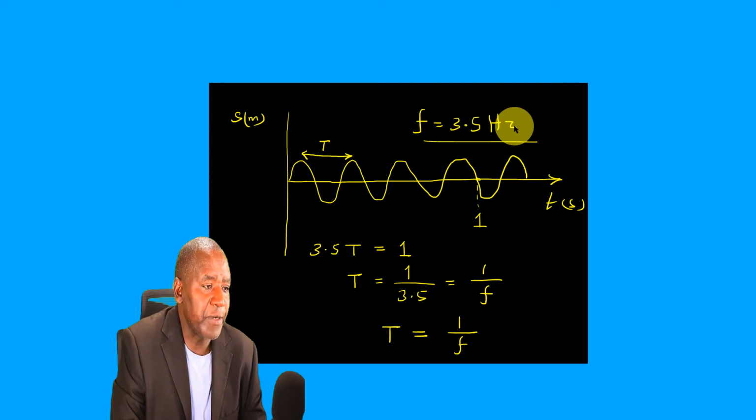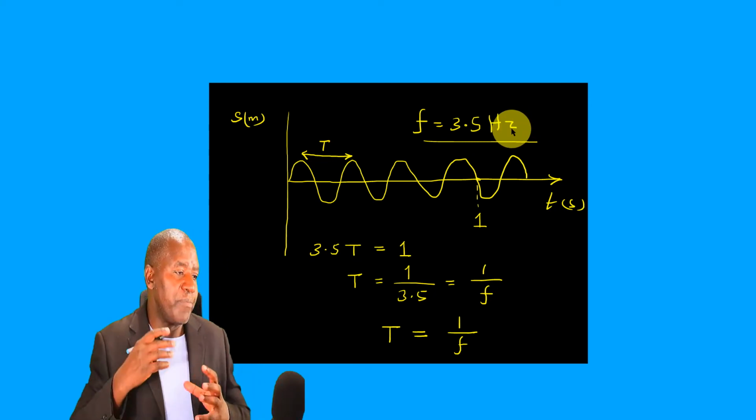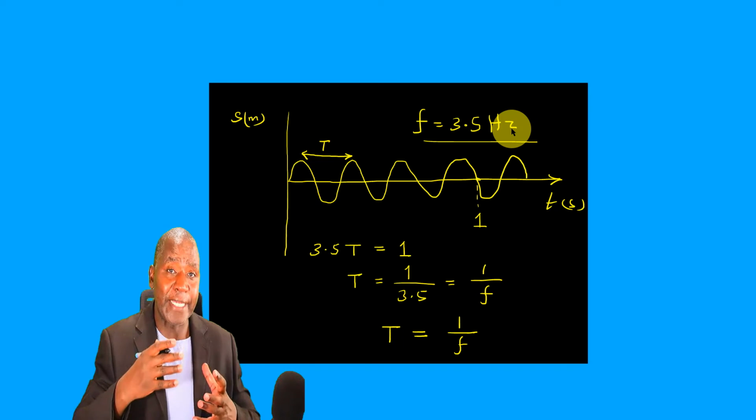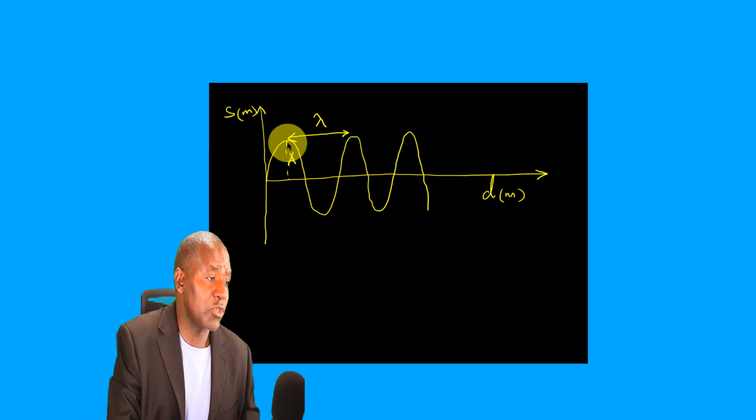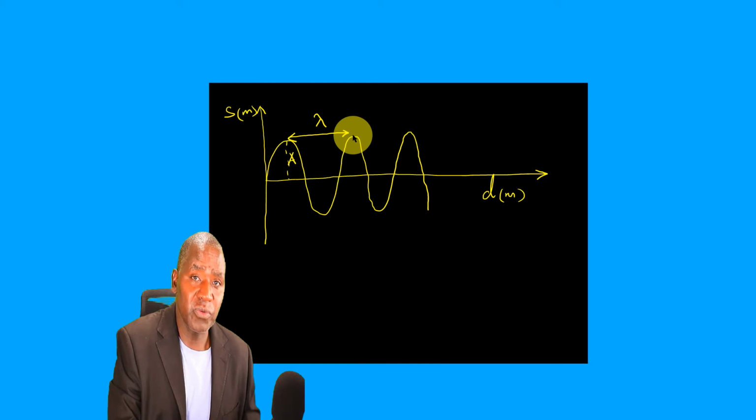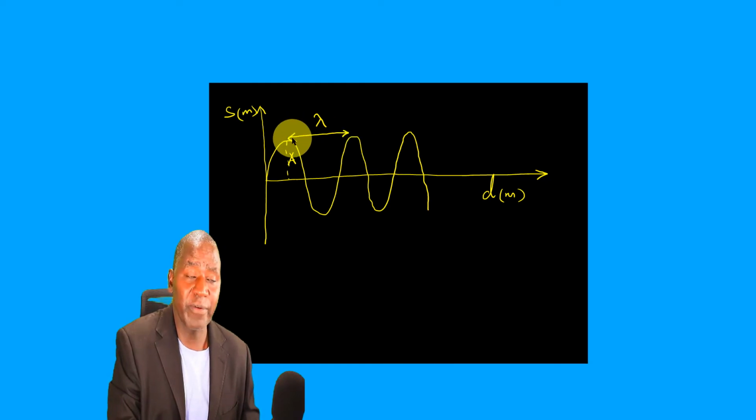So you can see we've been able to define all the 4 characteristics of waves. The first one was amplitude, the maximum displacement of the particle from equilibrium position. The next one is wavelength, which is the distance covered by the wave when the wave makes one complete oscillation.